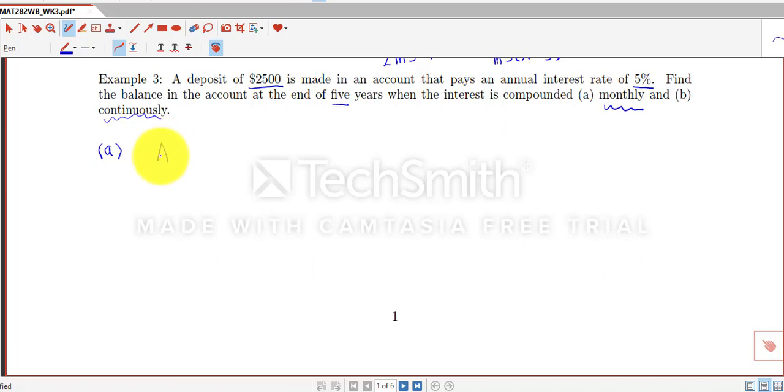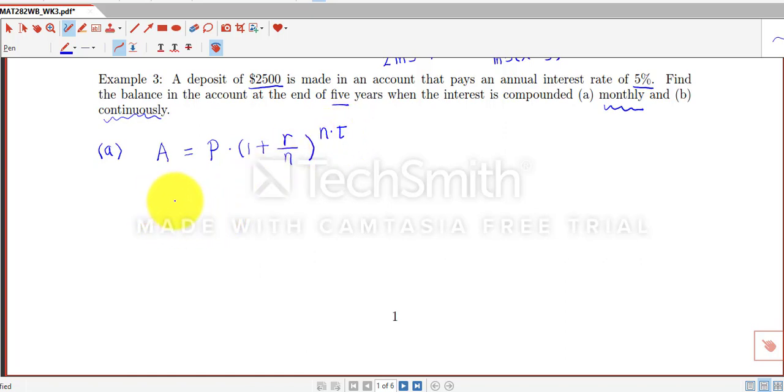So the future value in part A will equal the principal or the present value times 1 plus the interest rate divided by n, the number of times it compounds in a year, raised to the n times the number of years.